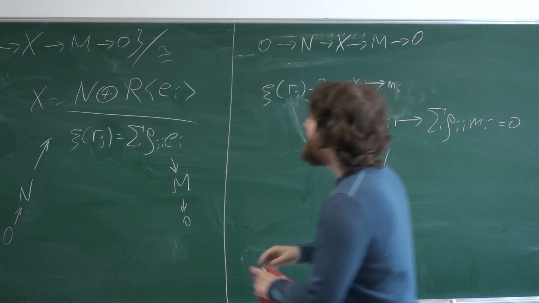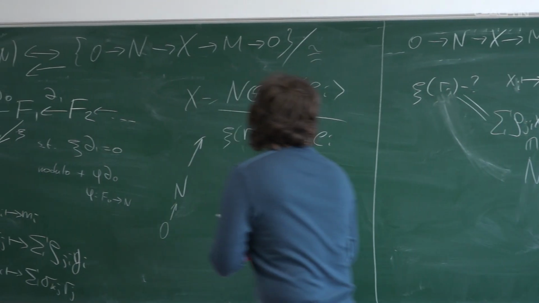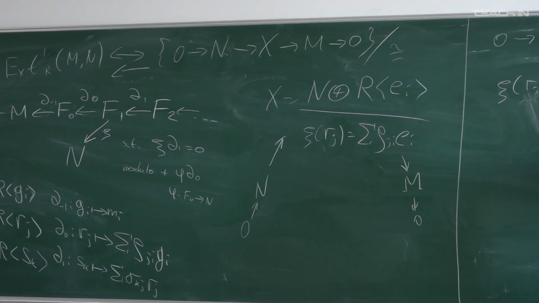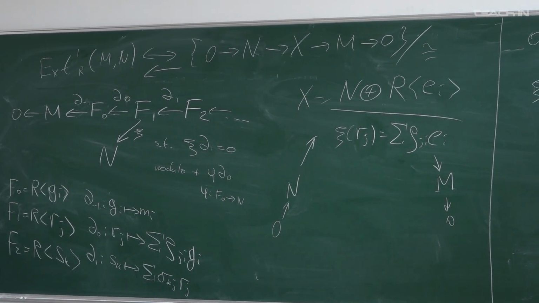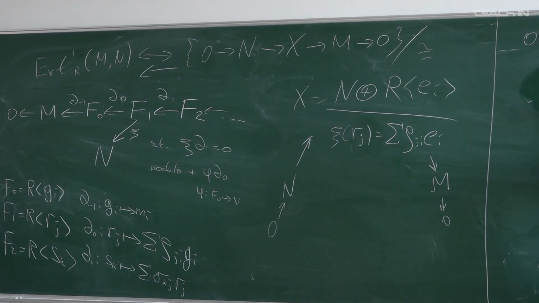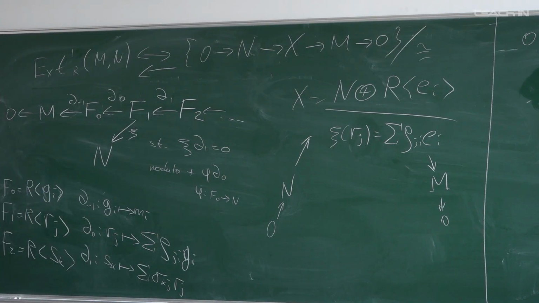And we can reformulate this map in more abstract, coordinate-free terms. In fact, we can reformulate it in just one row. If you have an extension, let's consider the long exact sequence in Ext and Hom.